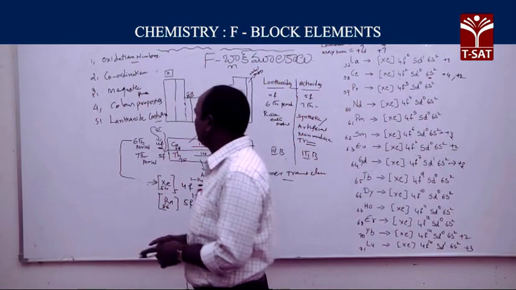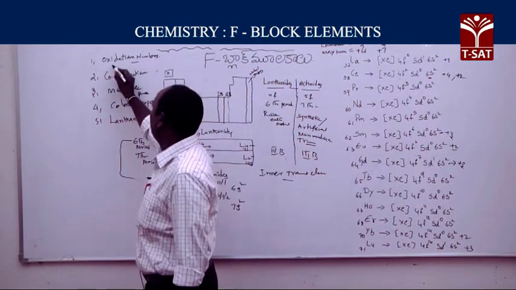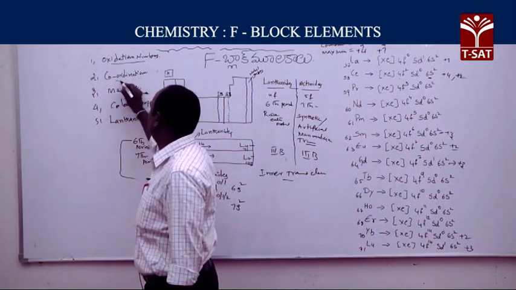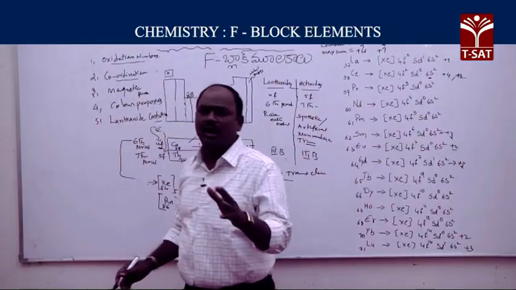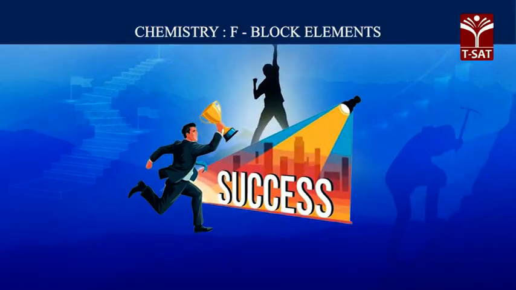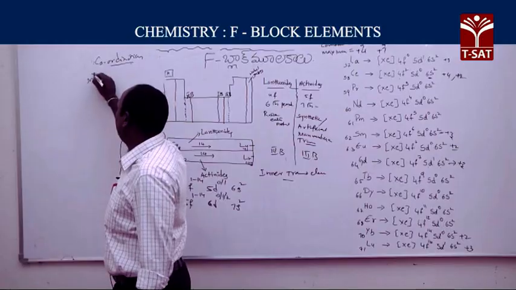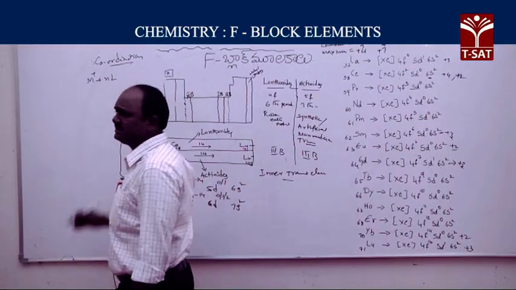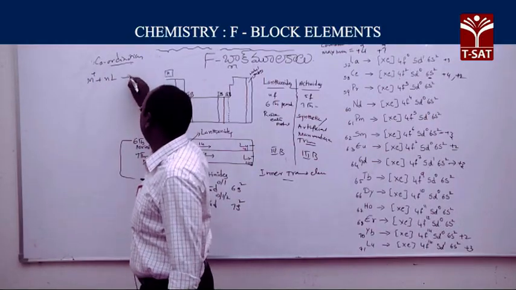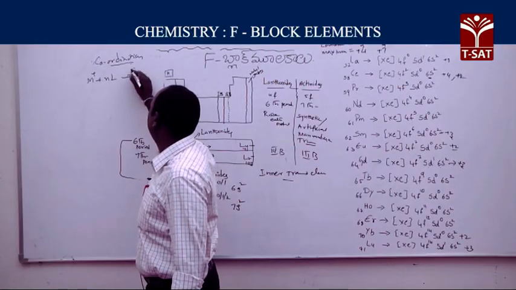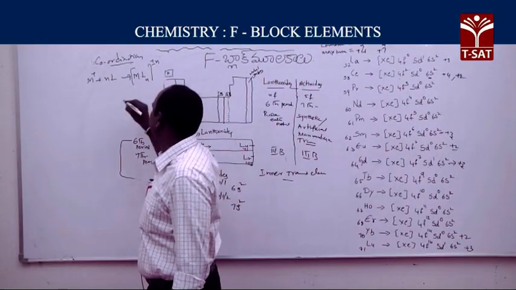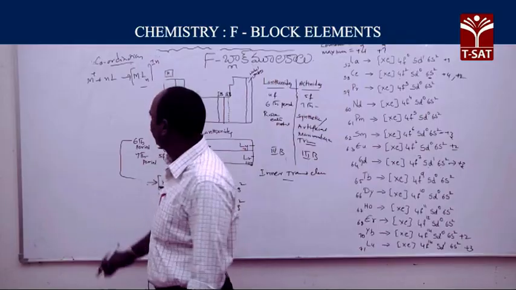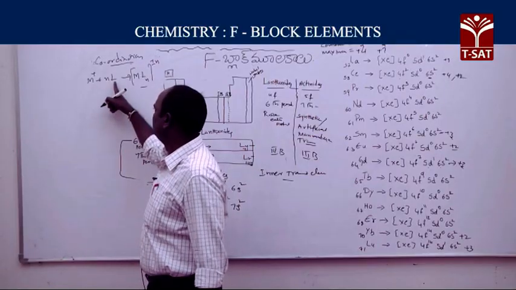After knowing the oxidation number, the next property is the formation of coordination complexes. Here, when the metal ion reacts with the ligand, we get M L n plus or minus n, which is the coordination complex: the metal ion and the ligands.